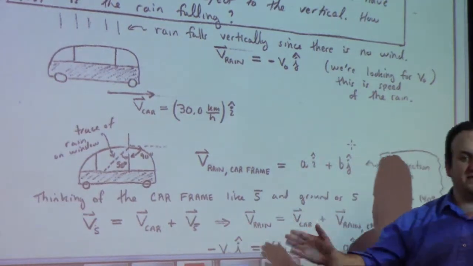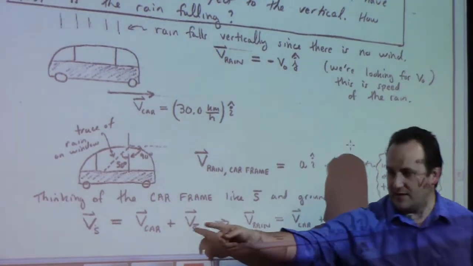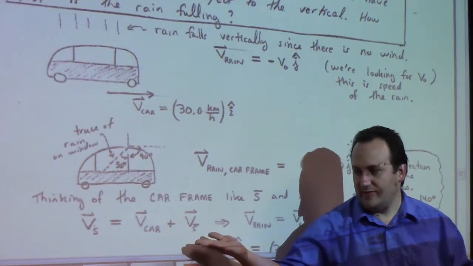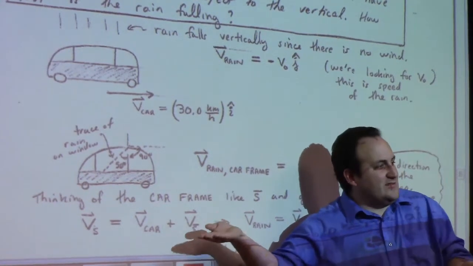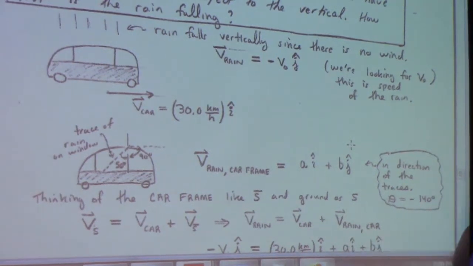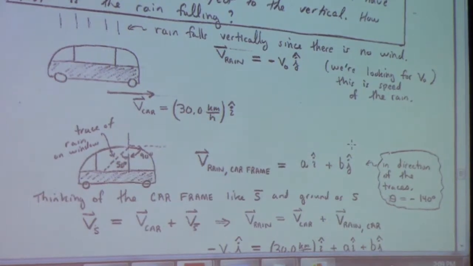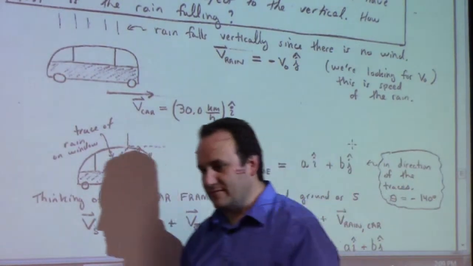I'm just saying that it also applies to the rain. I was getting ahead of myself. This is the equation in general, so it applies to the case of the rain. You're like, well, you didn't need to write that. Fine, I guess I didn't need to write that. Got it.